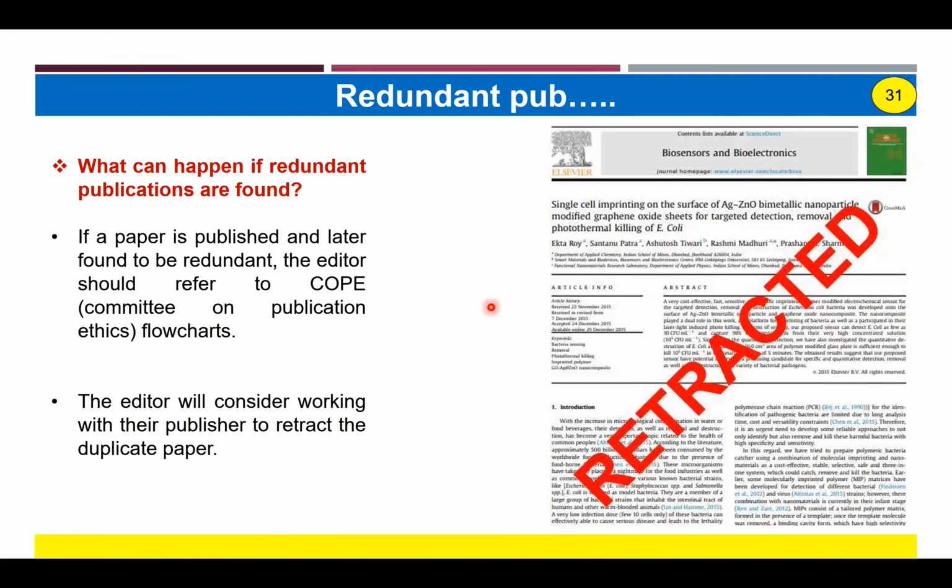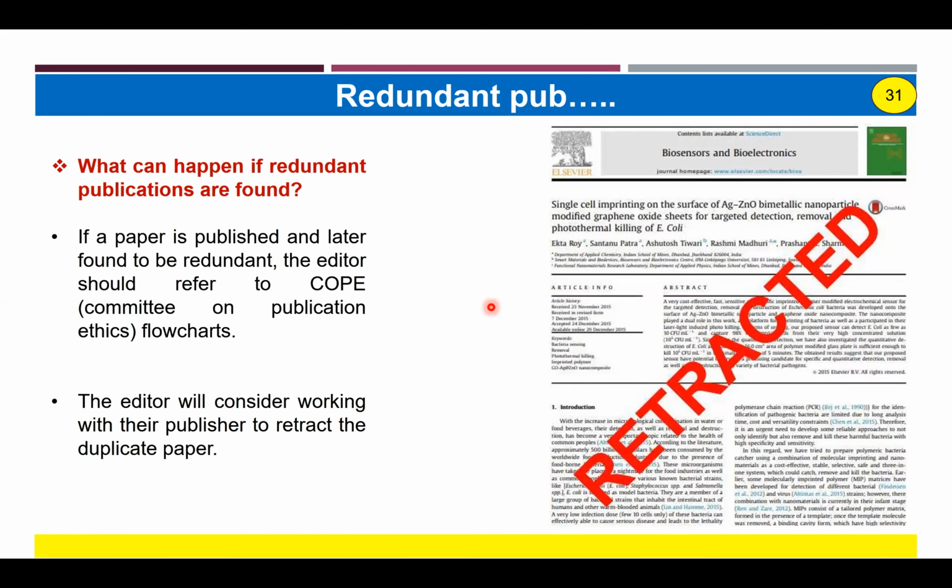If a paper is published and later found to fall in the category of redundant, then the editor should refer to the COPE flowchart. The full form is Committee on Publication Ethics. Just now I put up the flowchart, right? So the editor will ask the librarian to follow that flowchart.